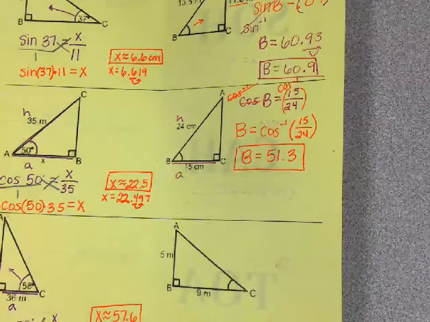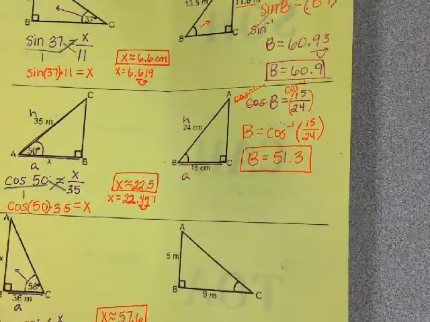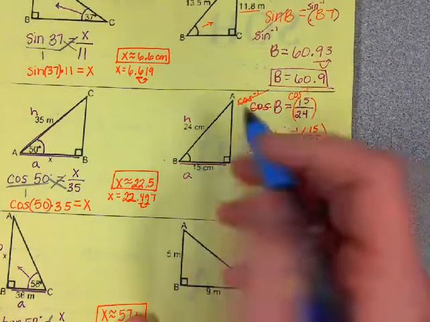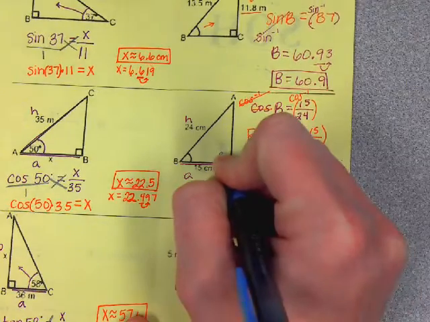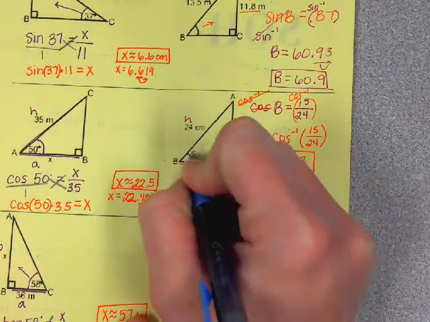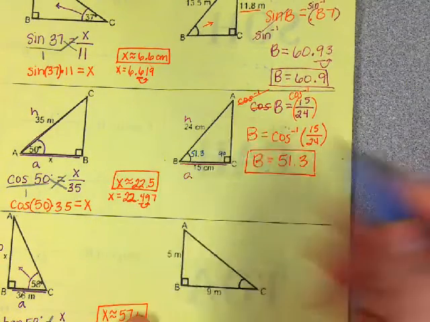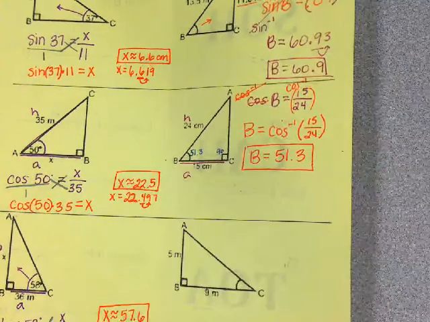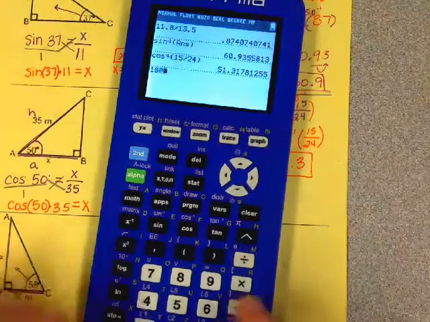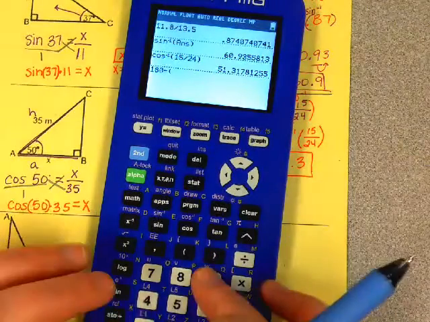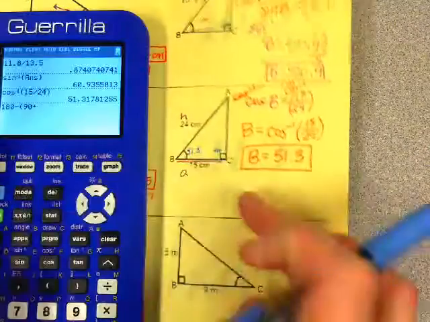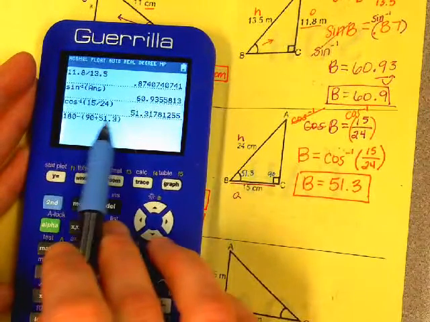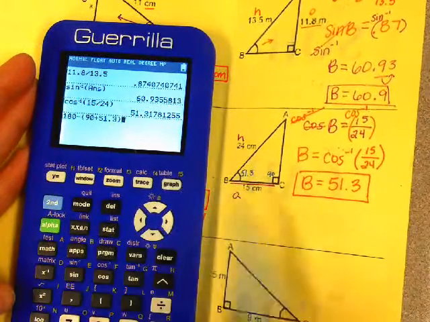A quick note, if it also asks you for angle A, don't make more work for yourself. You don't have to set up an equation like this again. Remember, if this is 90 degrees and this is 51.3 degrees, all of the angles in a triangle have to add up to 180. So if we do 180 minus 90 plus 51.3, that's just adding the two angle measures that we already have.